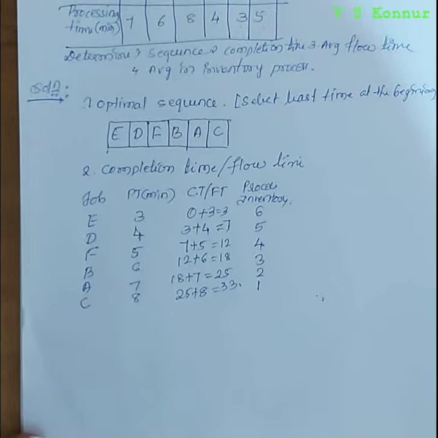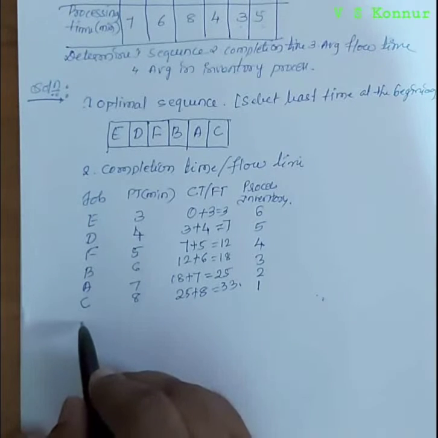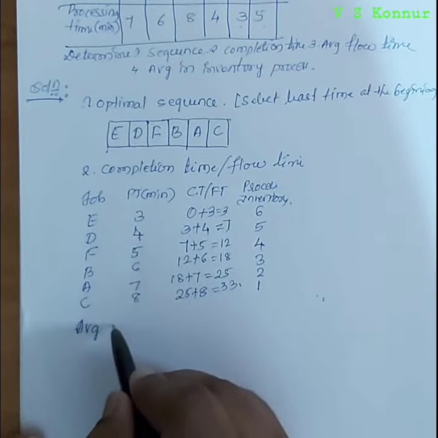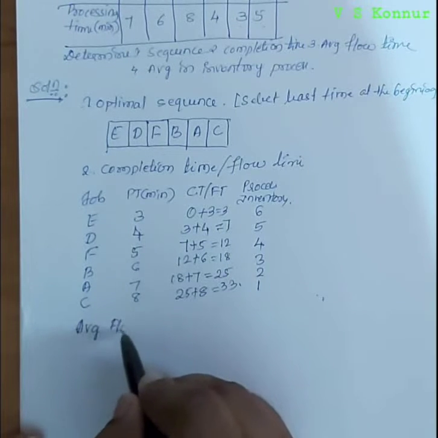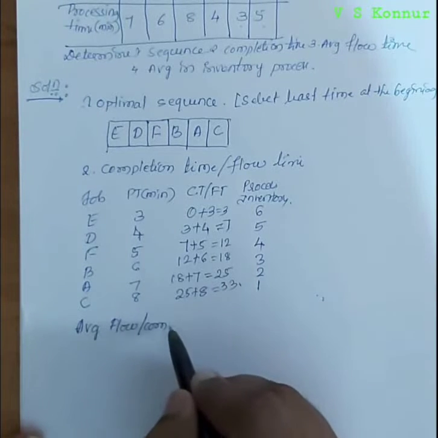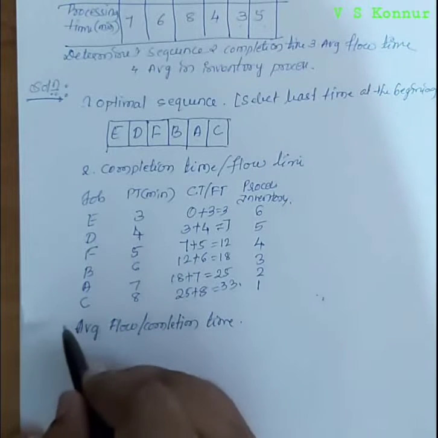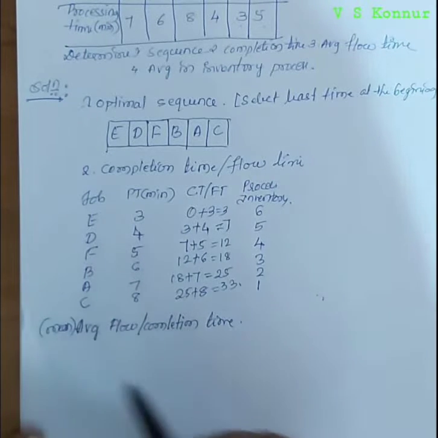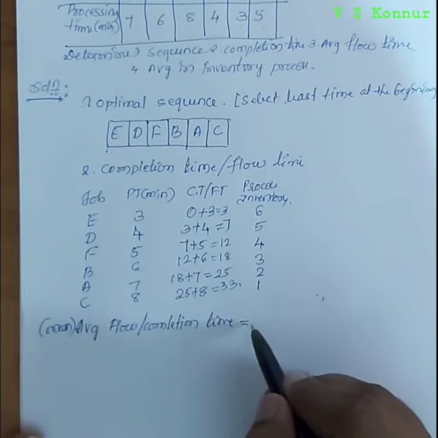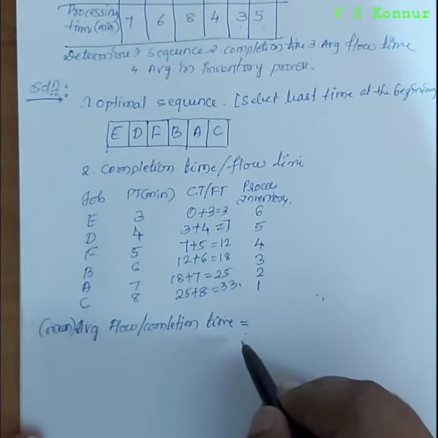Now we will go for calculating average completion time, or we can call it average flow time or mean flow time. Sometimes it will be asked as mean. You have to calculate the mean or average flow or completion time.